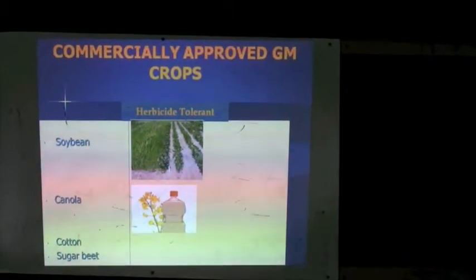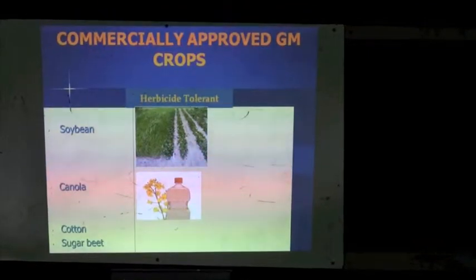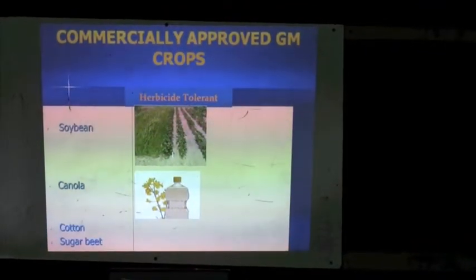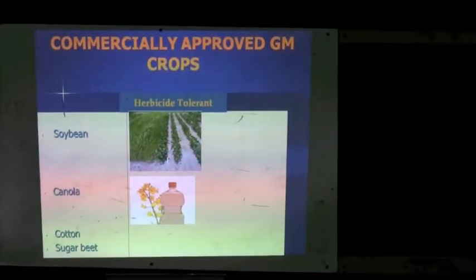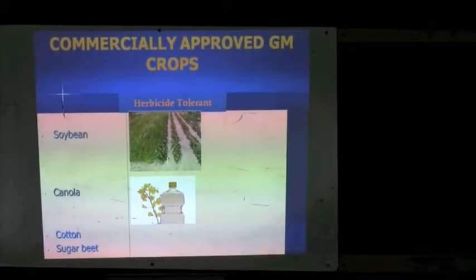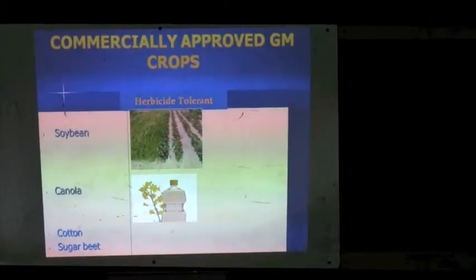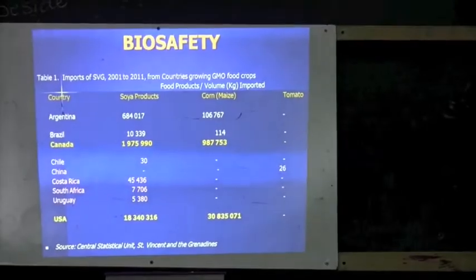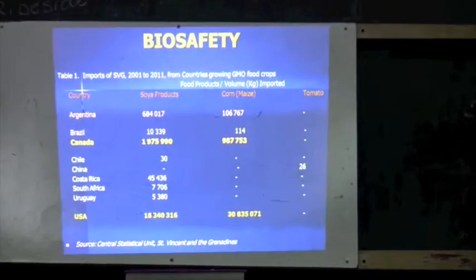It's sprayed over the soybean crop, kills the weeds, but it does not kill the plant. Canola, similarly for canola, cotton, and sugar beet. So they are herbicide-tolerant, genetically modified, and these are commercial crops that are on the U.S. market.